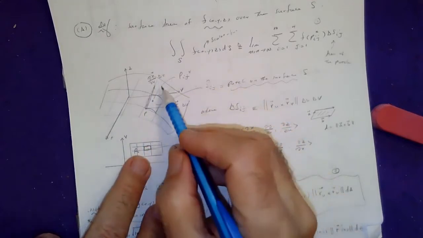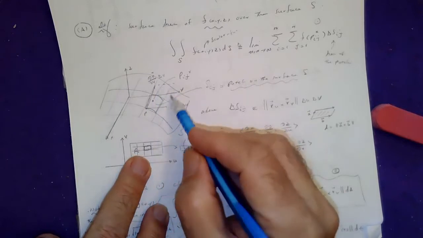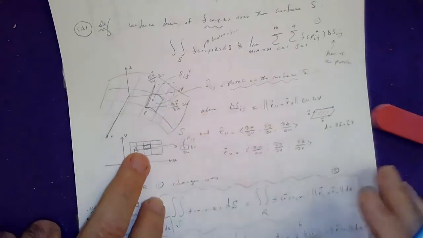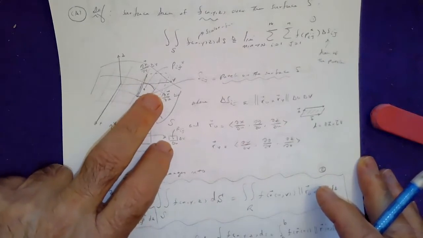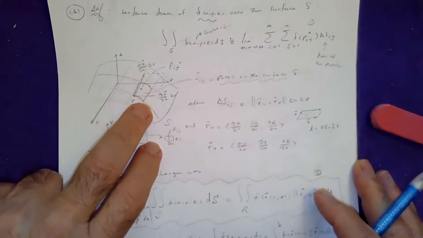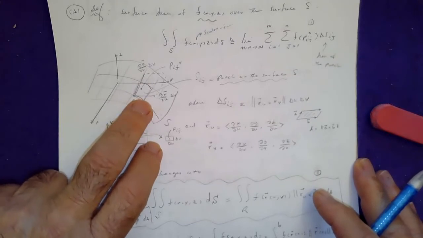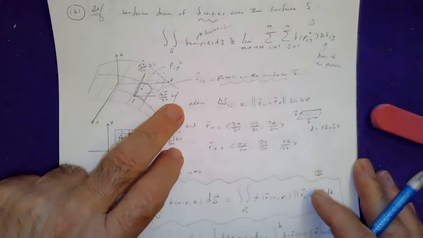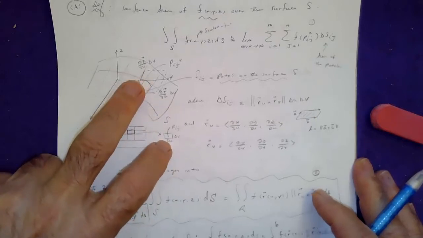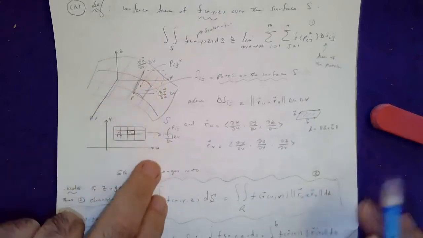So if I pretend this little patch is like a parallelogram, the area of this little patch can be approximated by the area of this parallelogram, whose adjacent sides are partial of r with respect to u delta u and partial of r with respect to v delta v.